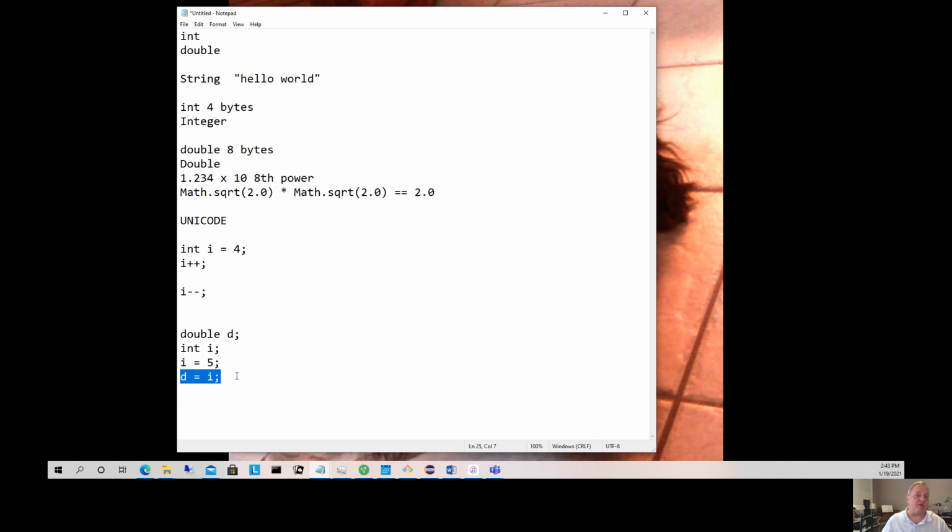Under the covers, Java will do them for me. And why is that? That's because an int has no fractional portion. A double can have a fractional portion, but the fractional portion may be 0. And so it's always safe for me to assign an int value into a double.